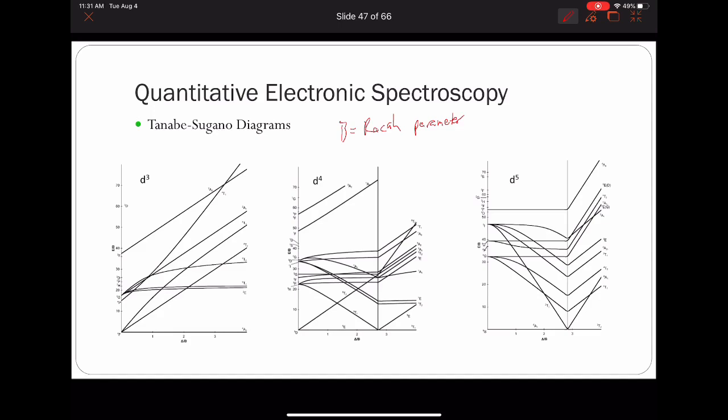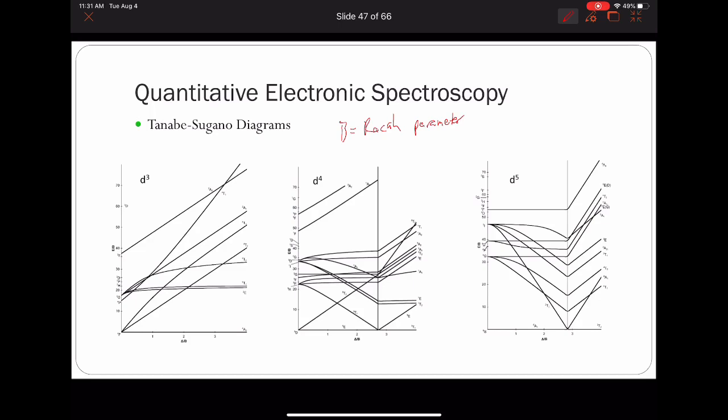The second selection rule that we had was that the total spin of our system, so the total multiplicity of our system, must not change. What that means then is that our spin allowed transitions are only those that maintain the same multiplicity.